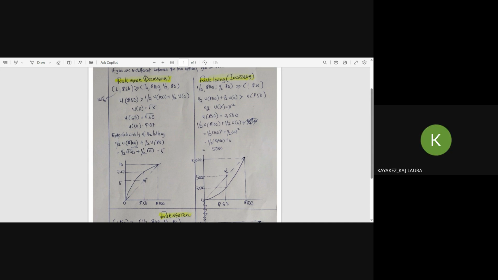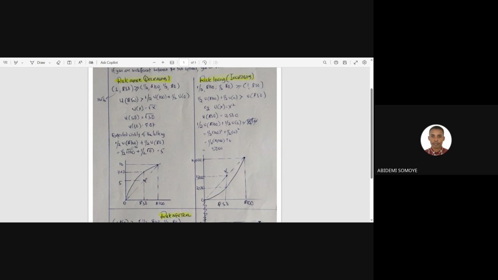Yes. Okay. Now, how do we solve it? You see here, you have utility. U means utility. Utility of $50 is greater than half of utility of 100 plus half of utility of 0. The first equation we are simplifying, that's what you have in the second equation.